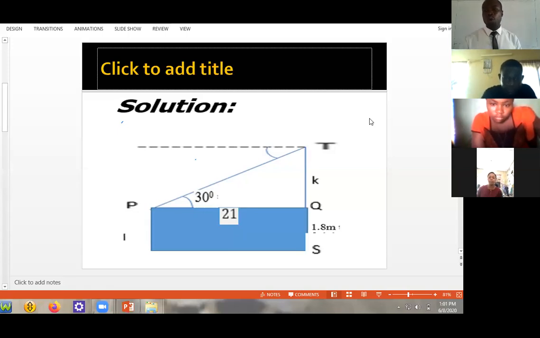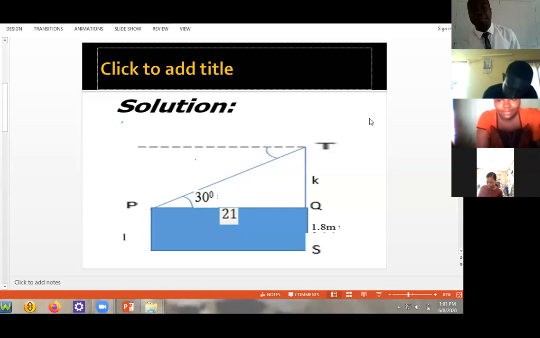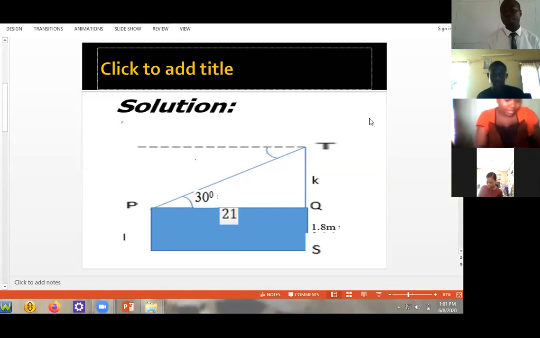So what do we do? To get our K, we use SOH CAH TOA. Is it SOH, or CAH, or TOA? TOA, correct. Deborah, can you see that we are using TOA? You must be able to see that. So please do it, let me see, then I will show you my answer. Use TOA.